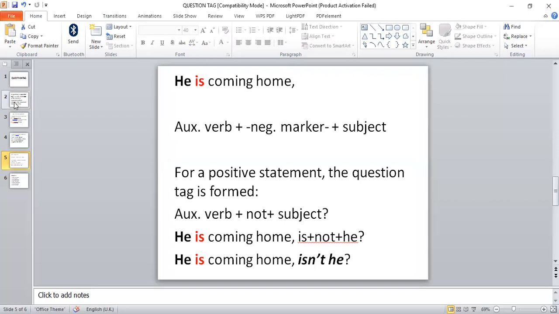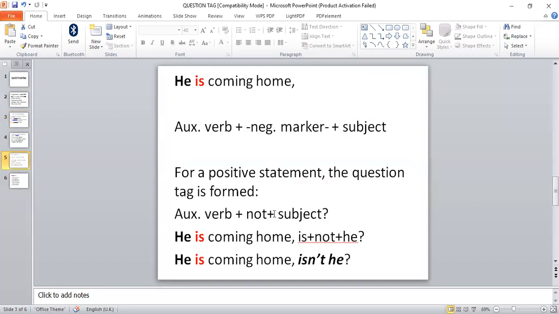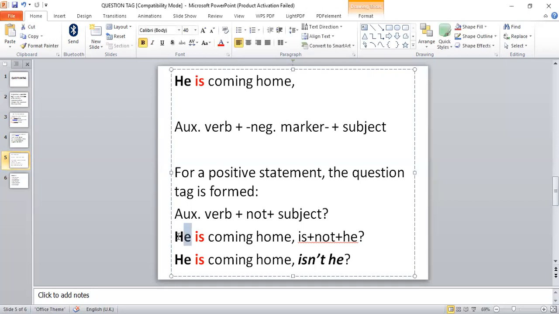The first rule, going back to it, states that the subject in the statement matches the subject in the tag. That has been achieved here. This is our subject in the statement, and this is our subject in the question tag, matching. So the first rule has been obeyed.